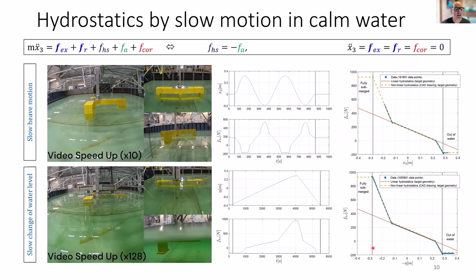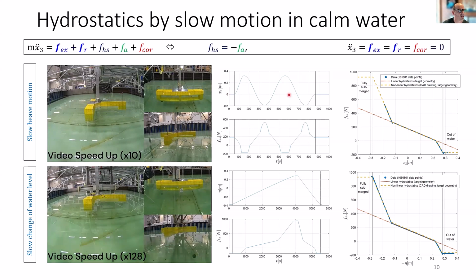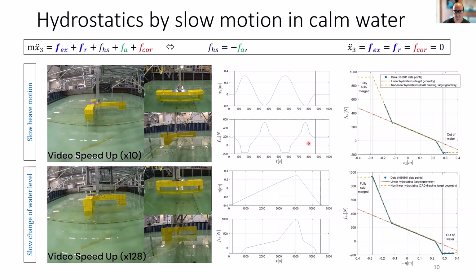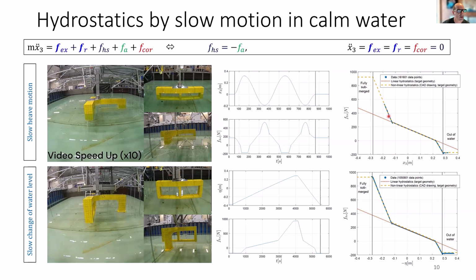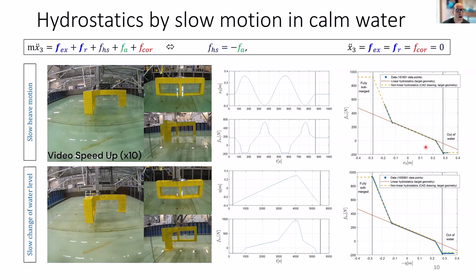In a similar way as the last slide, we have data here now for position and hydrostatic force, and they can be plotted up, position versus force, as all these dots here. In this way, we get the hydrostatic curve for the platform. By comparing to the calculations with linear and nonlinear hydrostatics, we can validate the calculations.